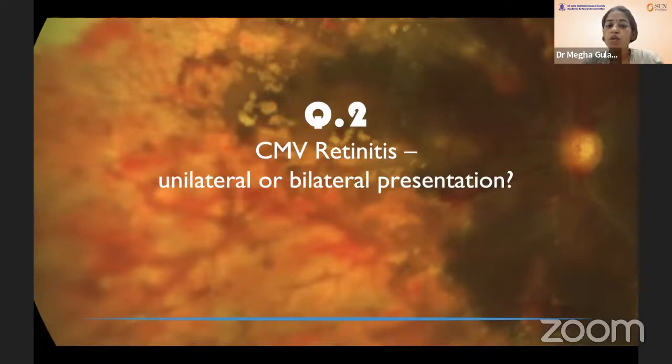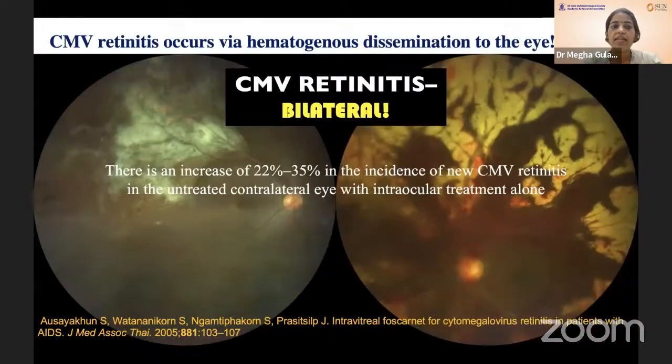Coming to the second question: is CMV retinitis unilateral or bilateral? In almost two-thirds of patients it is a unilateral presentation, but it can become bilateral if not treated appropriately, because CMV retinitis occurs via hematogenous dissemination to the eye. In patients treated only with intraocular treatment, studies have reported a 22 to 35% incidence of new CMV retinitis in the untreated contralateral eye.